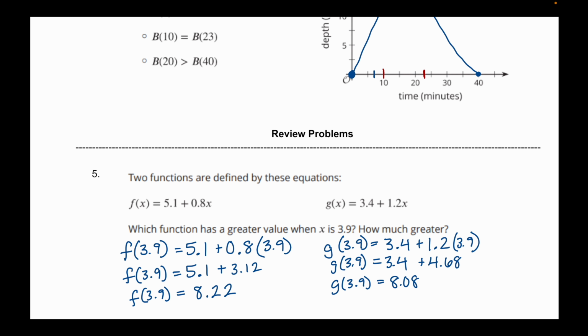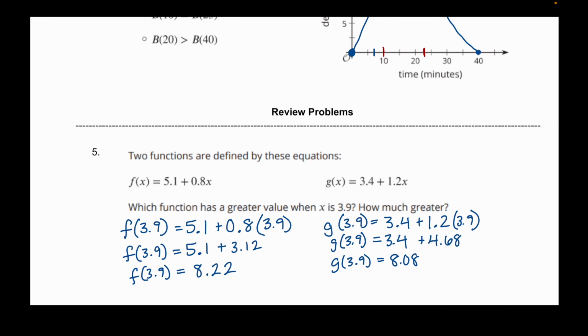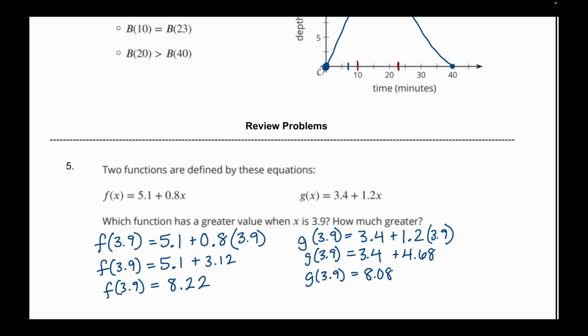So in order to figure out which is greater and by how much, we're going to subtract them. I can tell that F is greater, so I'm going to take 8.22 and subtract 8.08.